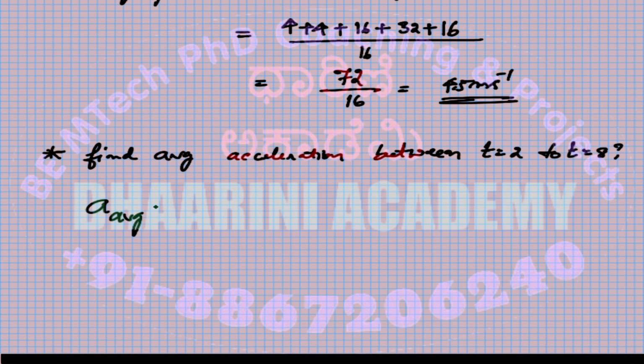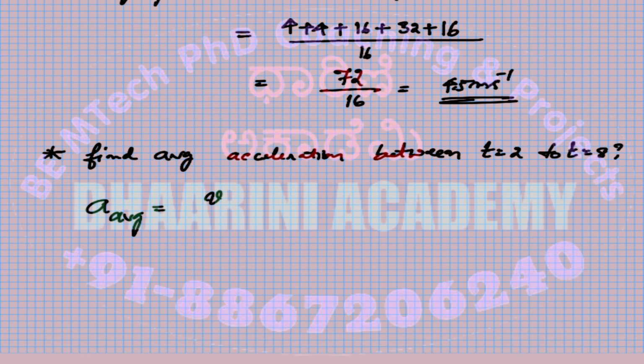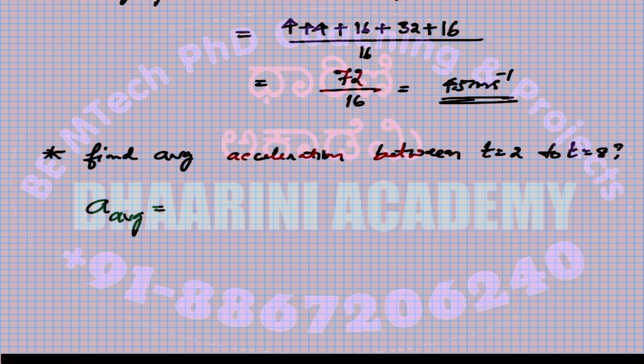A average is equal to the change in velocity. So how do you write the change in velocity? Something like delta V by delta T. So delta V, final minus V initial, divided by change in the time.